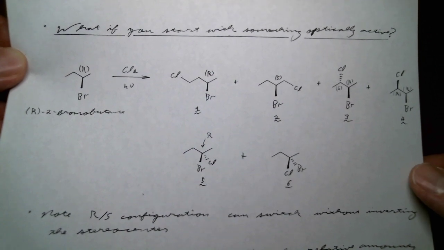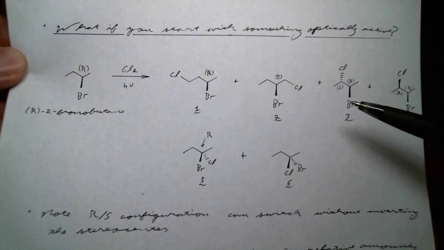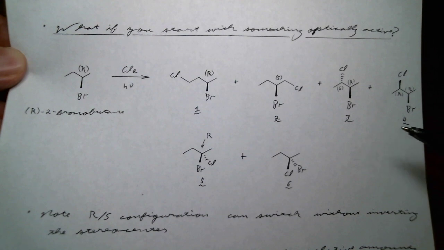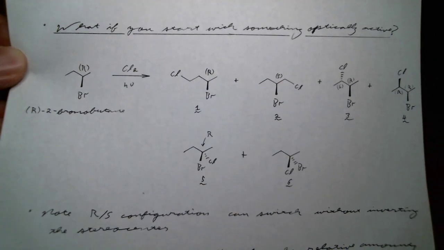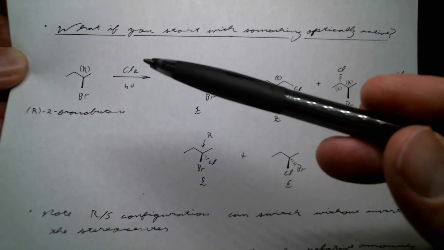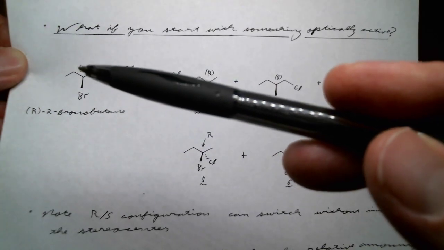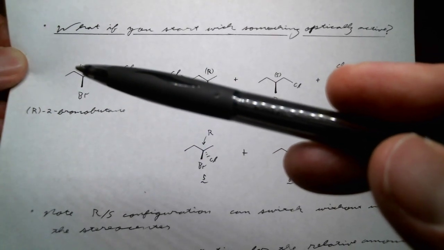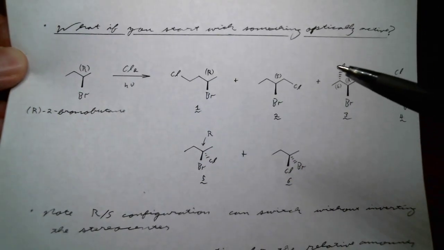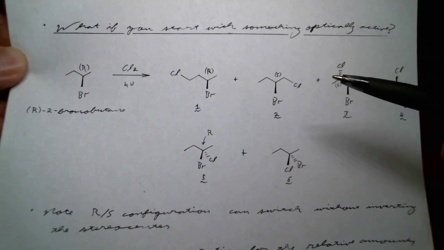And so we'll move forward with what we think about 3 and 4. Well, how were they constructed? Our radical chlorine abstracted a hydrogen from this secondary carbon and created a radical, and now chlorine has to come in and react with that radical. So what does that look like?